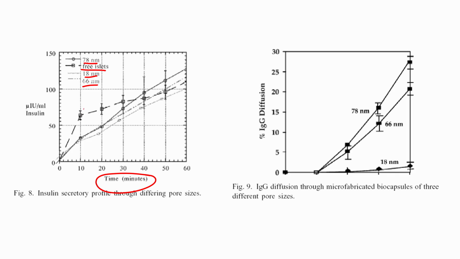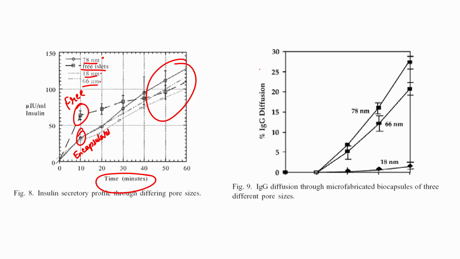Obviously, free islets do very well compared with the rest of them. So, this is free islets, this is encapsulated, but eventually for all these three sizes, 18, 66 and 78, you get a fairly good diffusion of the insulin, very comparable to free islets at a period of 1 hour.